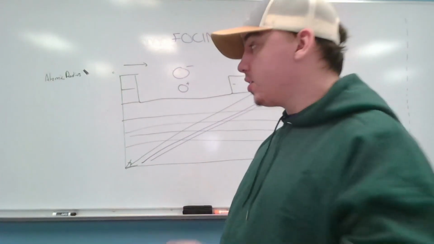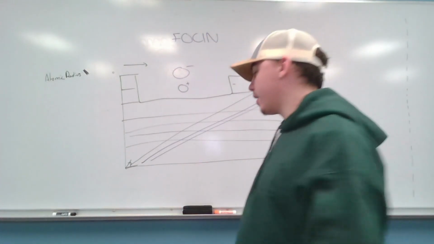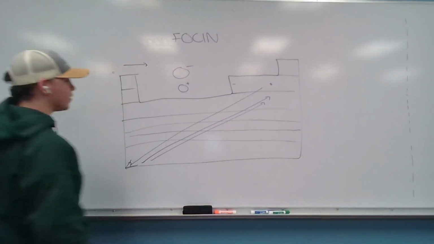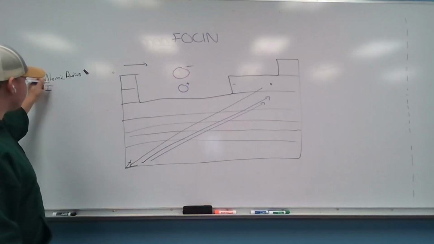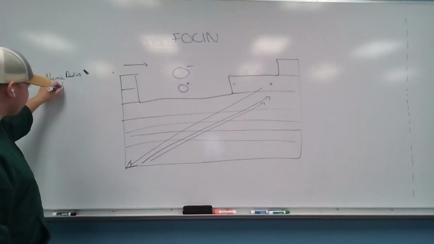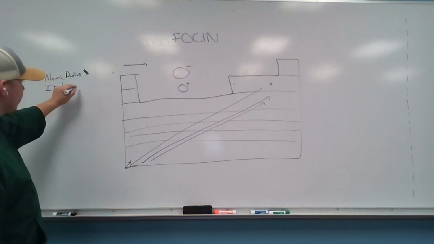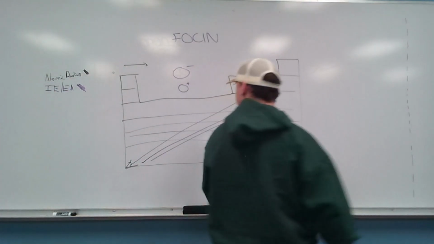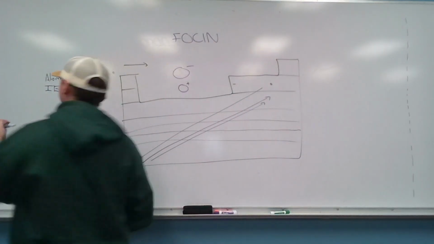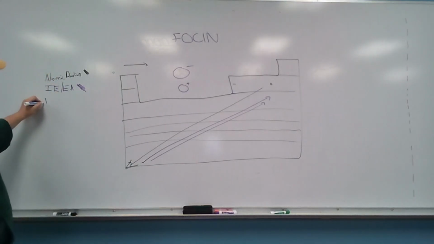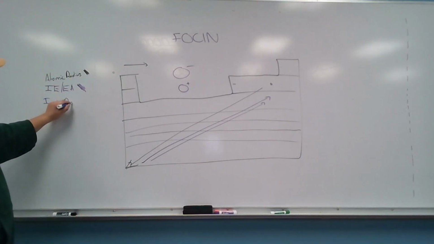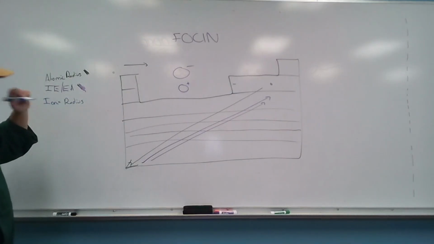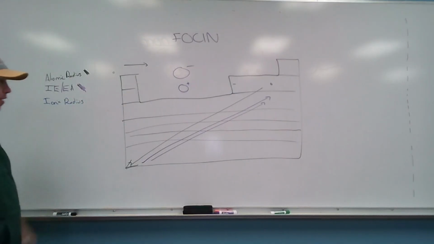All right, now let's talk about ionic radii. Ionization energy and electron affinity are in purple, but ionic radius is not the same as atomic radius. Ionic radius is actually dependent on how many electrons and protons you have.